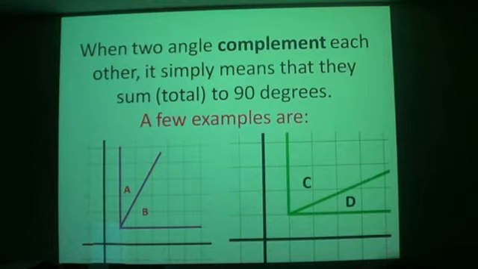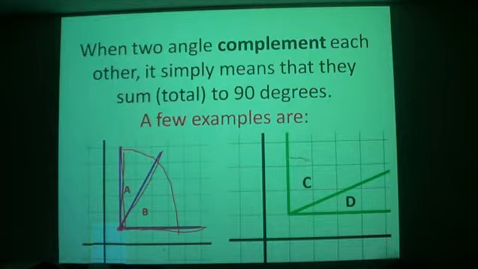Okay, when 2 angles complement each other, it simply means that they total 90 degrees. A few examples: here we see angle A and angle B summing together to be 90 degrees. They have a common vertex and a common line. We don't know what A is and we don't know what B is, but we do know that they sum to 90 degrees.